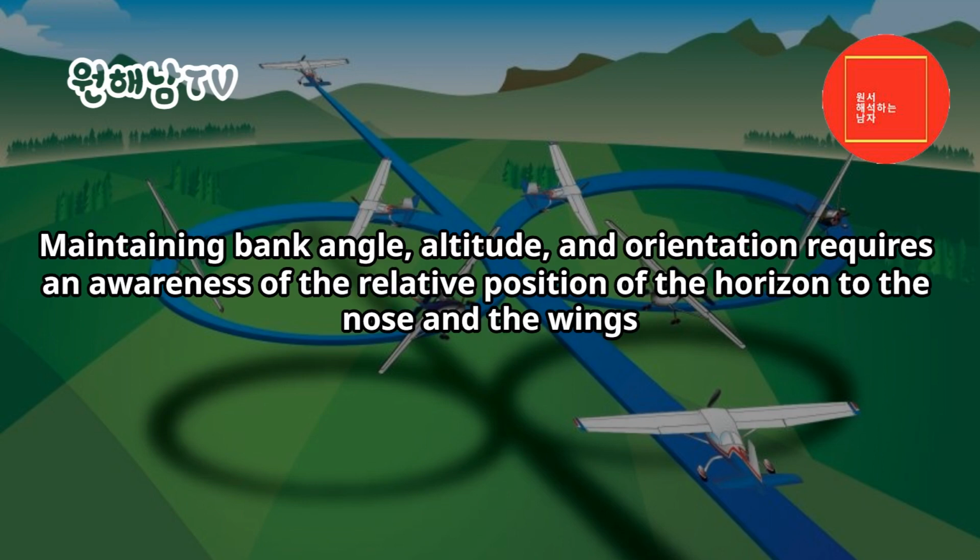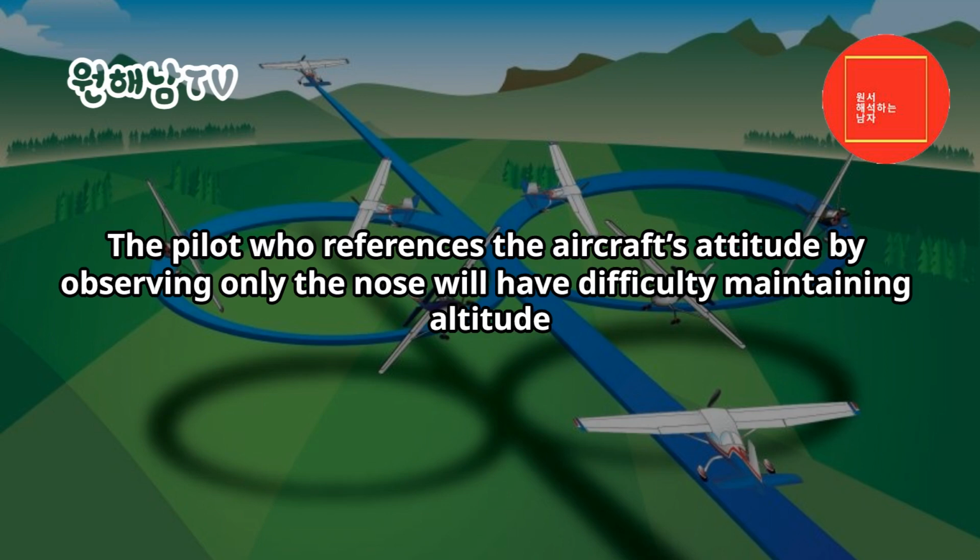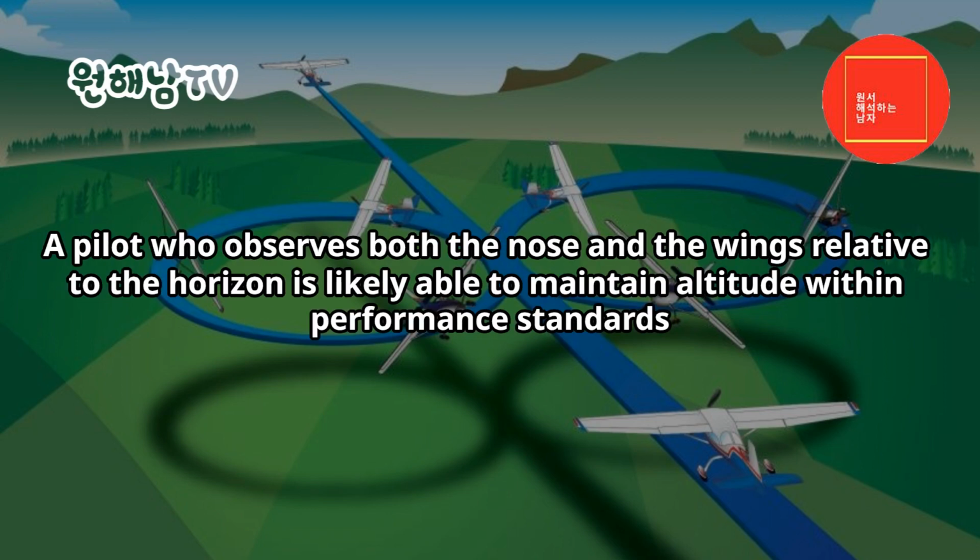Maintaining bank angle, altitude, and orientation requires an awareness of the relative position of the horizon to the nose and the wings. The pilot who references the aircraft's attitude by observing only the nose will have difficulty maintaining altitude. A pilot who observes both the nose and the wings relative to the horizon is likely able to maintain altitude within performance standards.